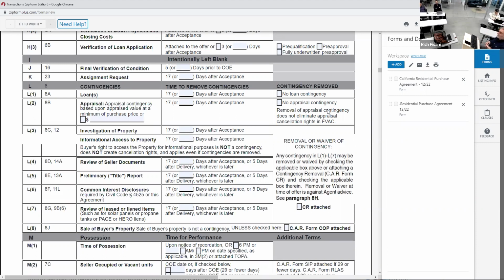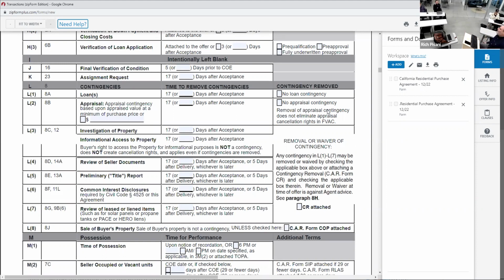Any questions on that before I move on? Okay. Investigation of property, 17 days, and informational access to property. If you lower the investigation of property to like 10 days, but still keep the informational access to property at 17 days, that means they have an additional 7 days that they can go in, bring their architect, measure for drapes, flooring or whatever they want to do.